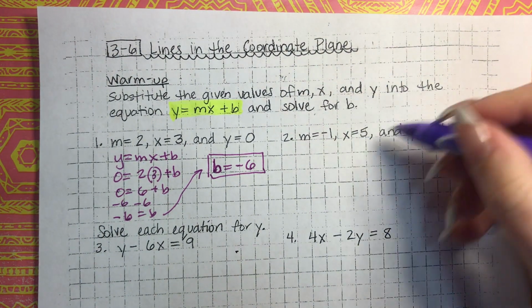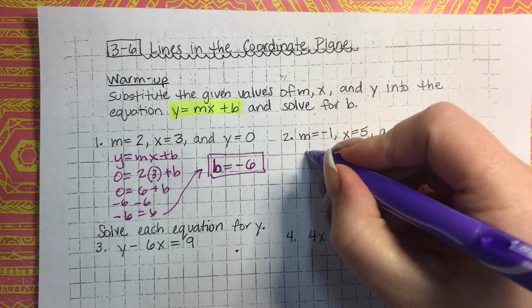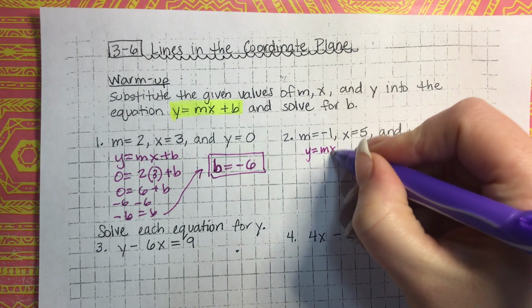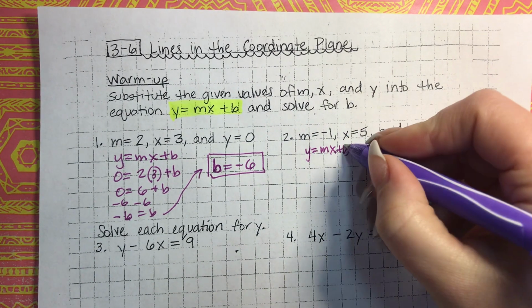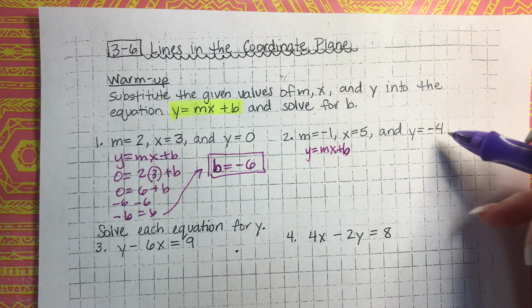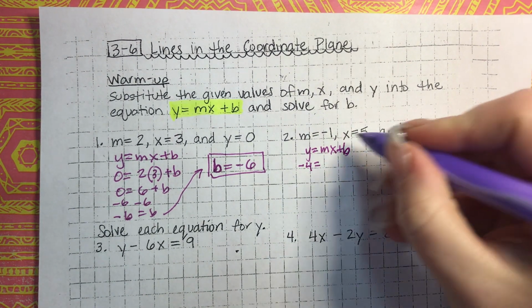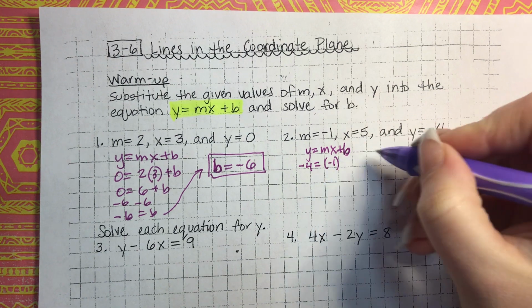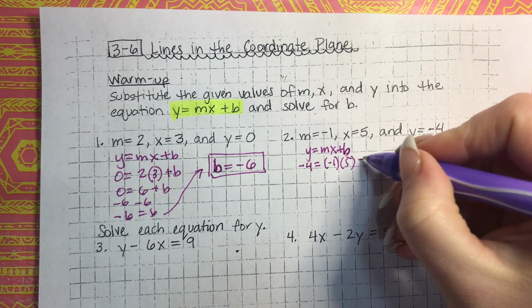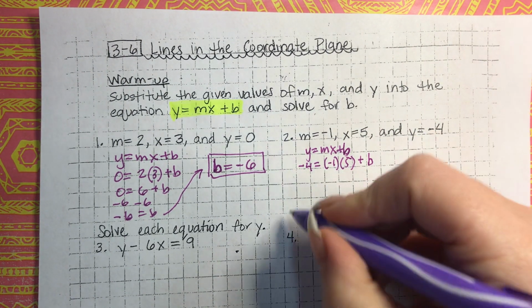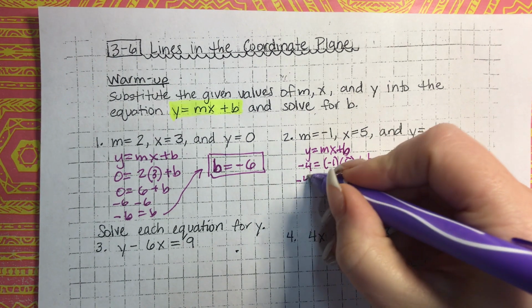Okay, let's go ahead and see how you did on number 2. So I'm going to write that slope-intercept form again, and then substitute the values in. So negative 4 for y, the slope is negative 1, x is 5, plus b, and then let's simplify this.